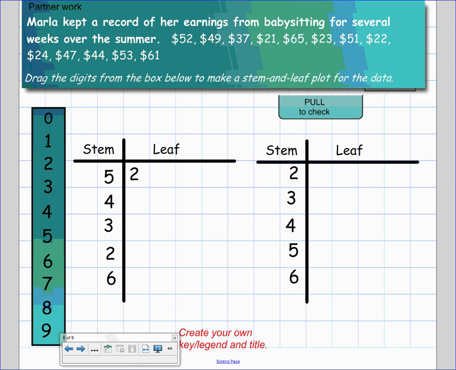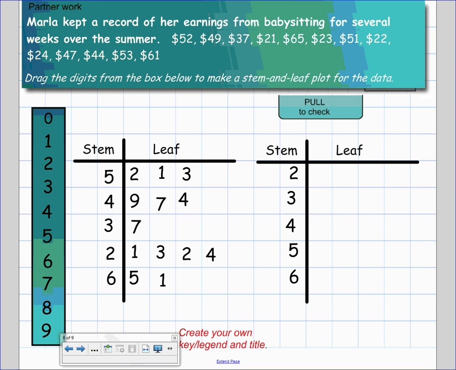52, 49, 37, 21, 65, 23, 51, 22, 24, 47, 44, 53, and 61.